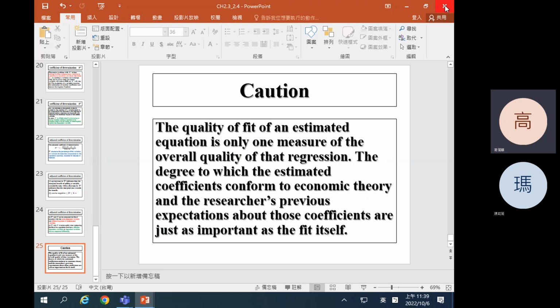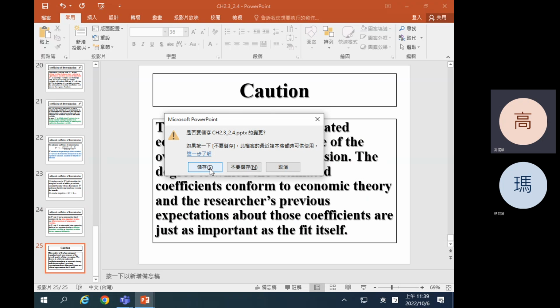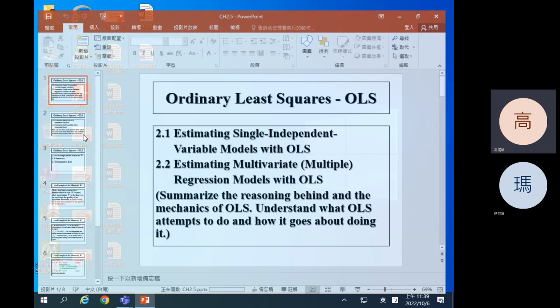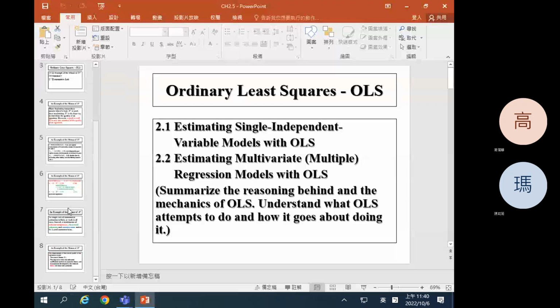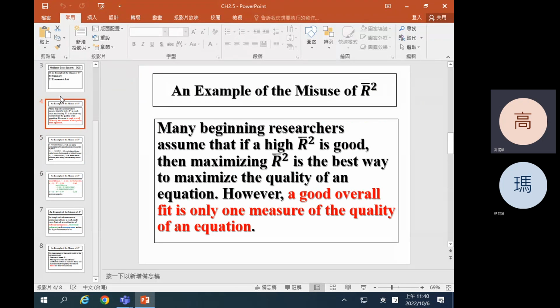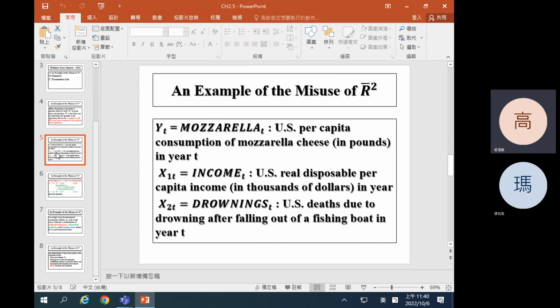If we don't have any questions, the last section of this chapter 2 is one of the examples. Look at the example from the textbook, page 73. We have one example.